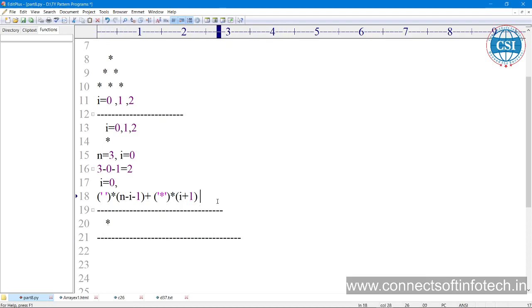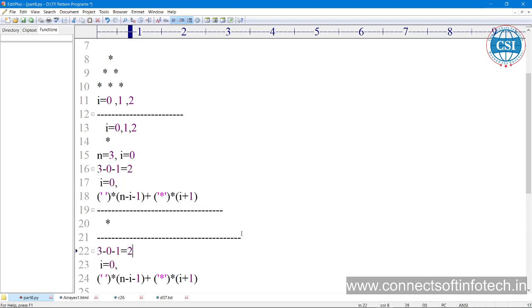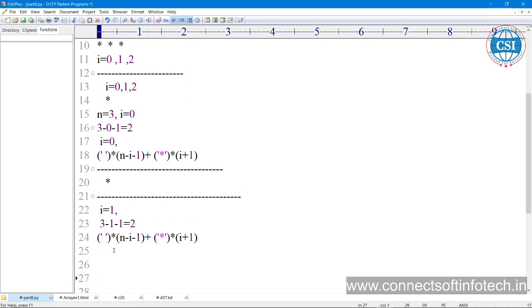Now in the second row, that means when i is equal to 1. When i is equal to 1, 3 minus 1 is 2, 2 minus 1, only 1. How many spaces? Only one space, and then asterisk.